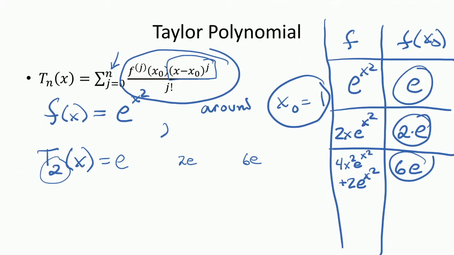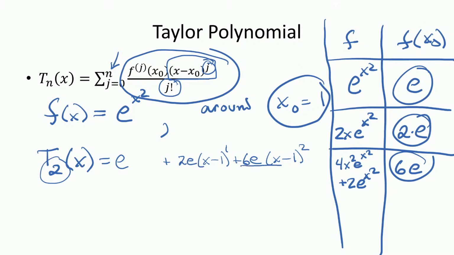That first one, the e, I'm not going to multiply by anything because j is 0 for that. But then I do times x minus 1 to the first, and then x minus 1 to the second. Technically, I could multiply the first e by x minus 1 to the 0, but whatever. And then notice I have to divide by j factorial. So I guess I divide by 1.